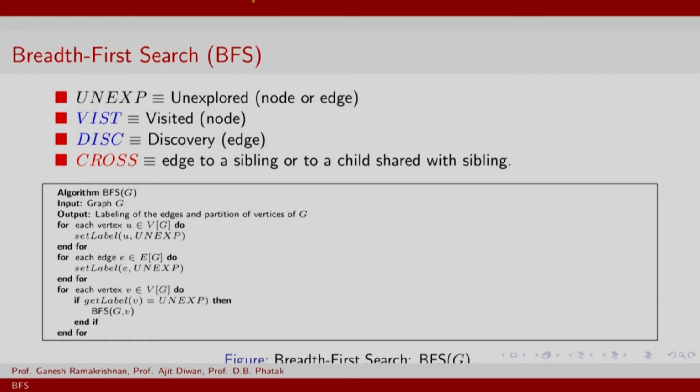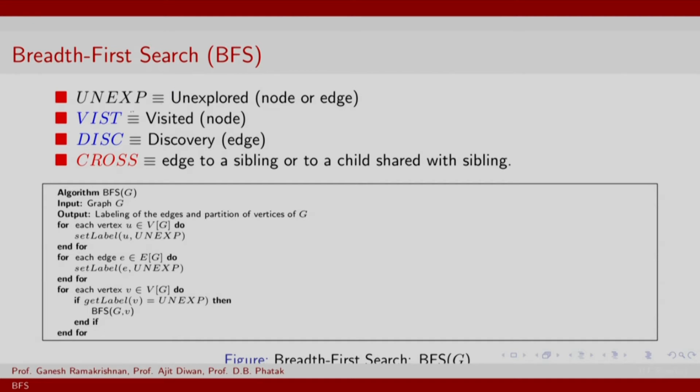So the principal idea in breadth first search is to explore the graph and classify nodes and edges. This is also the idea behind depth first search, but the classification and the order in which the nodes are explored is different. So in breadth first search you keep track of unexplored nodes and edges to begin with.